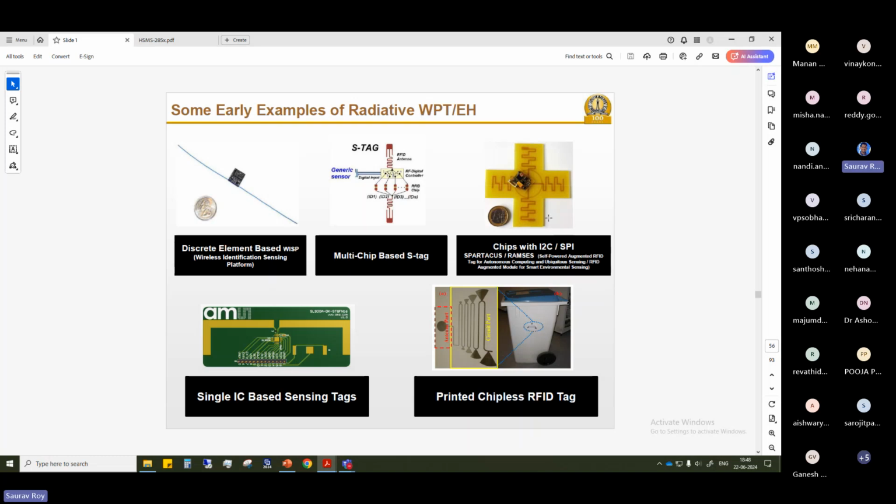There are different circuits, starting with the first one, which is WISP, the wireless identification sensing platform. It is used in printed RFID tags as well as sensing tags, because tags need very little power, and generally they work based on resonant elements, right?